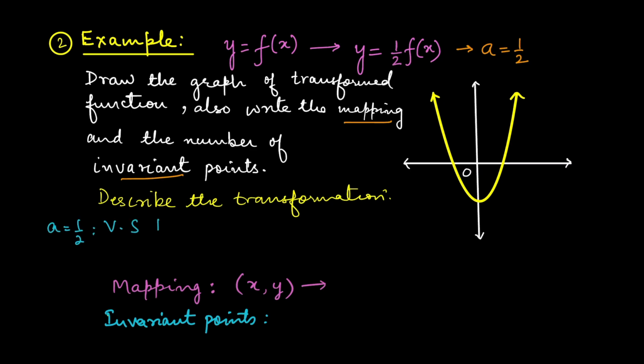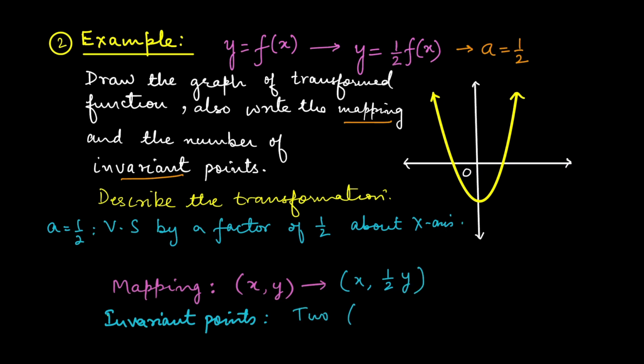So we write vertical stretch by a factor of 1/2 about the x-axis. The mapping is x, y changing to x comma ay, and a is 1/2, so it will be this. The number of invariant points will be 2 as there are 2 x-intercepts.